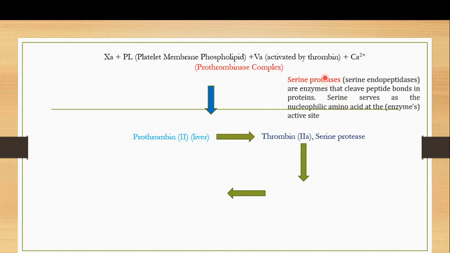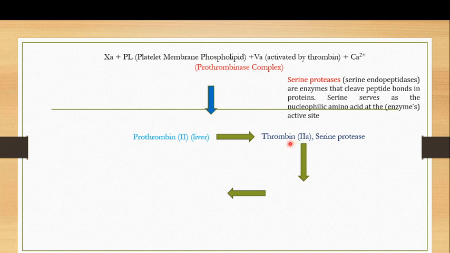We are talking about proteases, which means they act on proteins. So far, the clotting factors that we discussed, factor 7, factor 10 and factor 2, are all proteases. They are proteases because they act on proteins, and they are called serine proteases because serine is the main amino acid at the enzyme's active site.